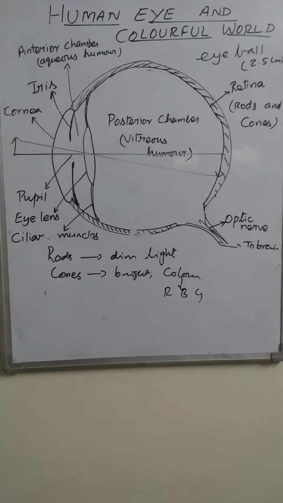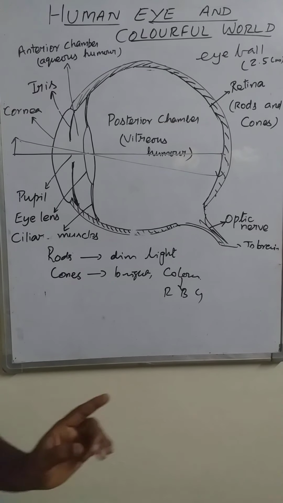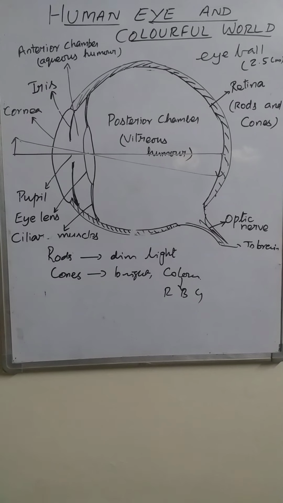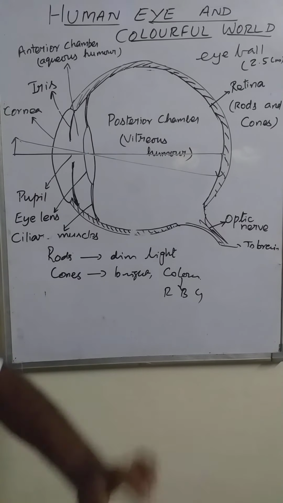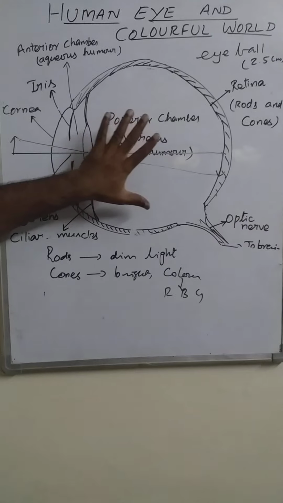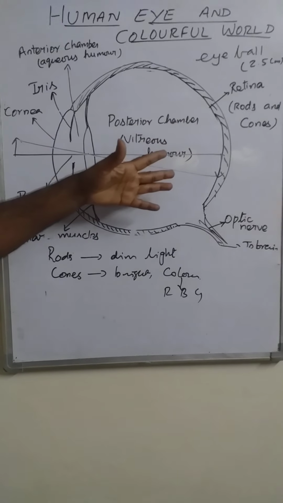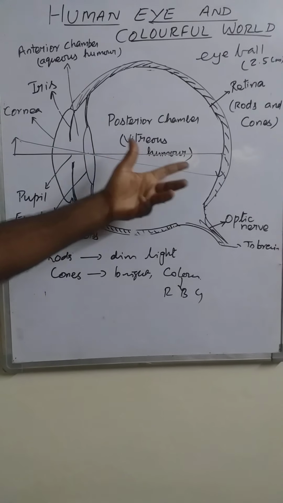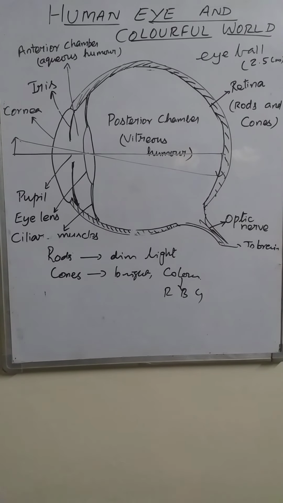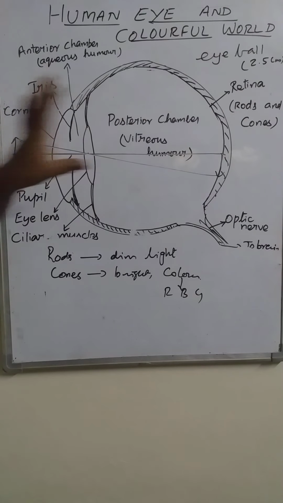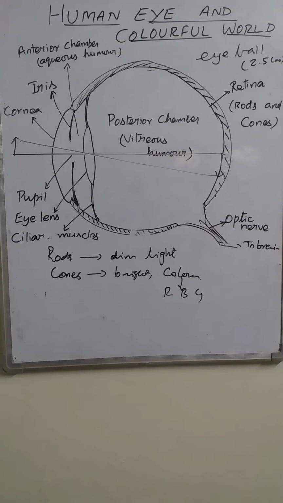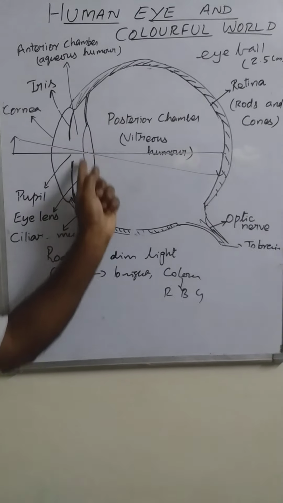Now we will discuss if some defects take place in the human eye. Many defects can take place, and those defects may be biological related or physical related. Here we are confined to discuss only the physical related defects, and that too the defects taking place in the lens.